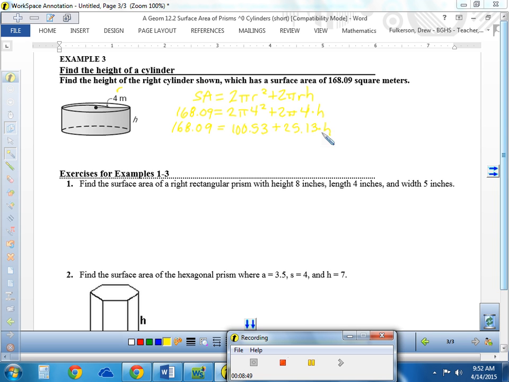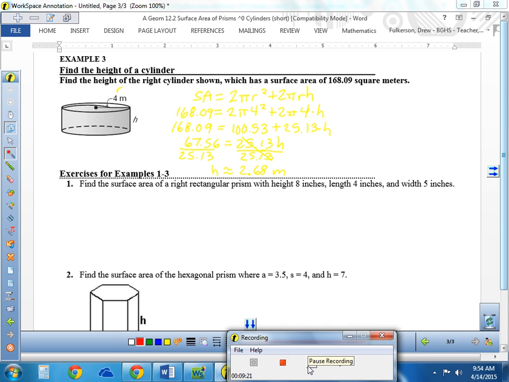We then need to subtract 100.53 from both sides, and then we're going to divide by 25.13. So dividing will then end up giving us the height is approximately 2.68 meters. Now I didn't write meters squared because this is just a dimension of height, and height is not a unit squared because it's not an area.